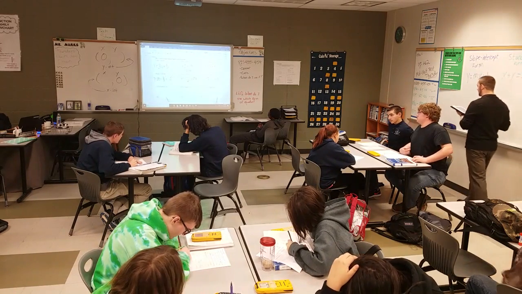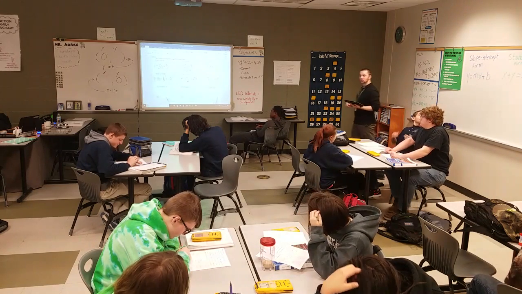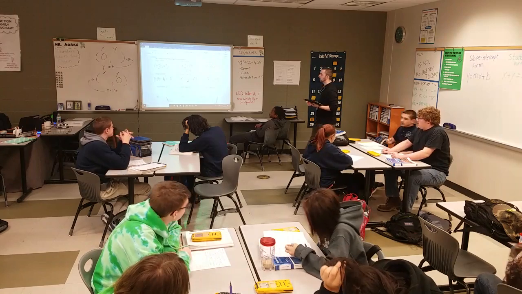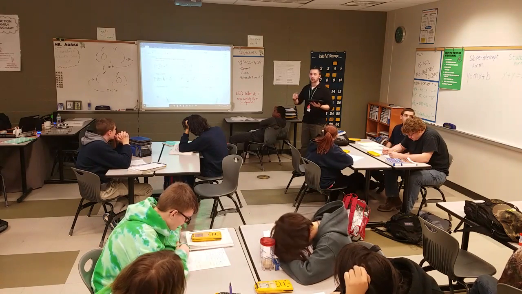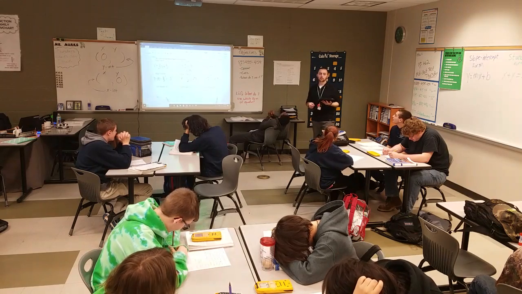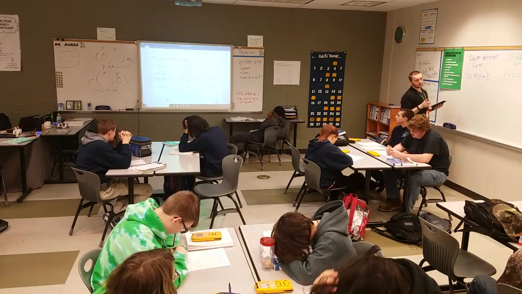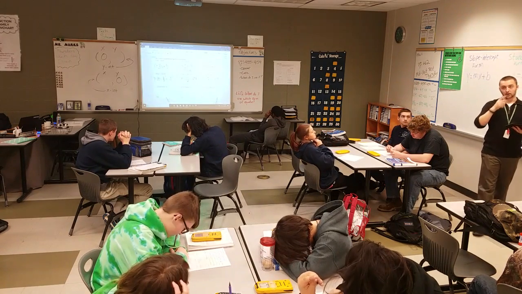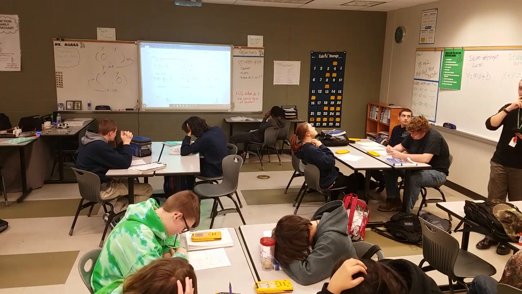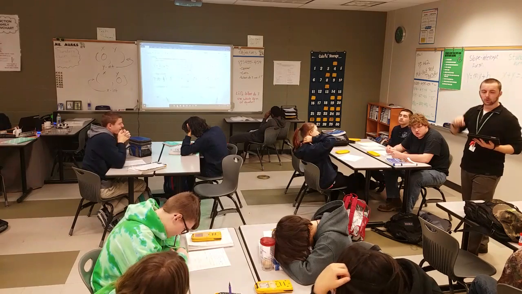Alright, let's look at number 7. What do we have in number 7? An x value and a y value. What kind of x values and y values? Positive and negative. Well, more specifically though, what are they? They are coordinates. It's a coordinate pair. But where would those be located?